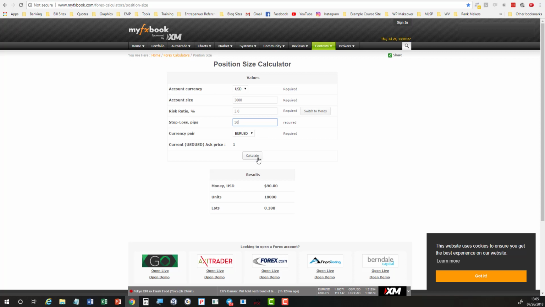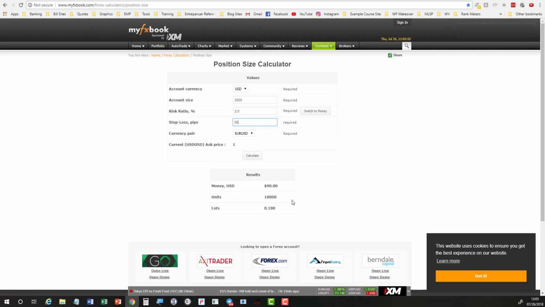So when we click calculate, this is how this works. On that one particular trade, Euro USD, even if it's 3 take profits, which means 3 orders, the most money you're going to lose on a 50 pip stop loss is $90 on that one pair. Then it calculates what the lot size needs to be in order to risk $90.